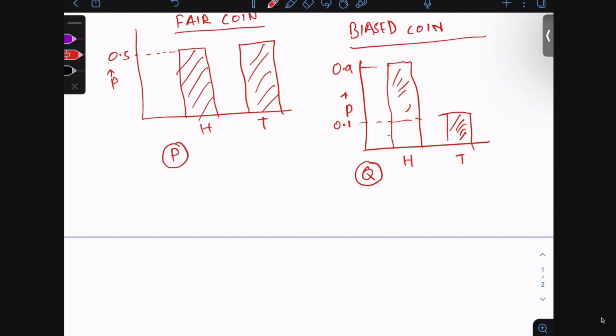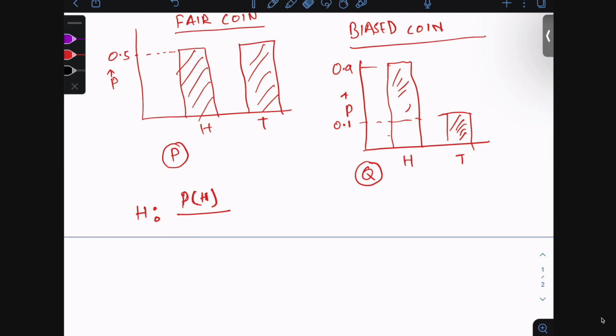What we can do is, for the case of head, take P of H, my probability of getting a head, and divide it by Q of H, the second one will be the Q.